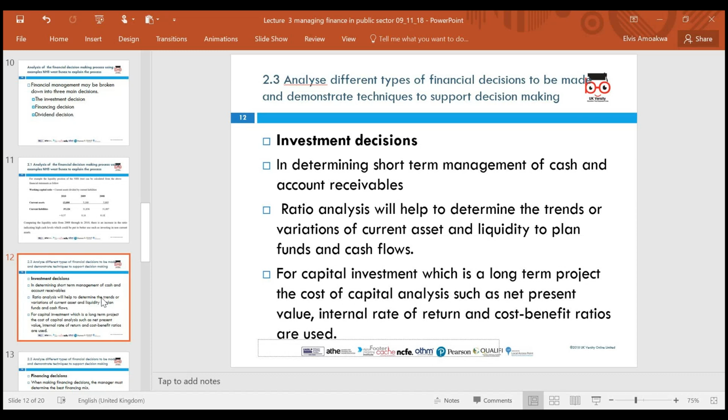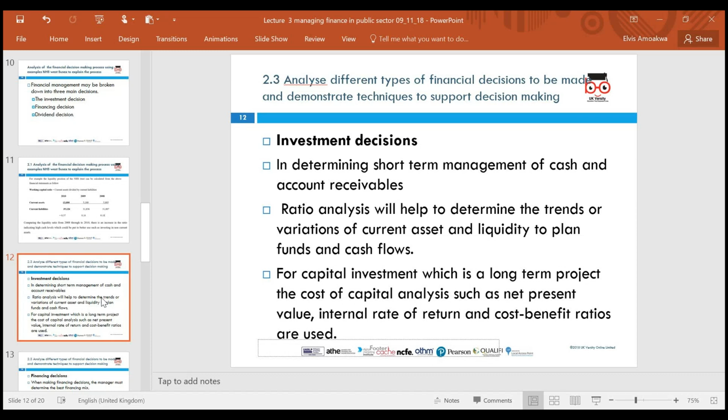Right, there are different types of decisions. Number one is the investment decision. If you want to do investment, it's a crucial and very serious decision to be made, because you can either do it and lose all your earnings or your savings, or you can invest and make huge profit coming out of it.